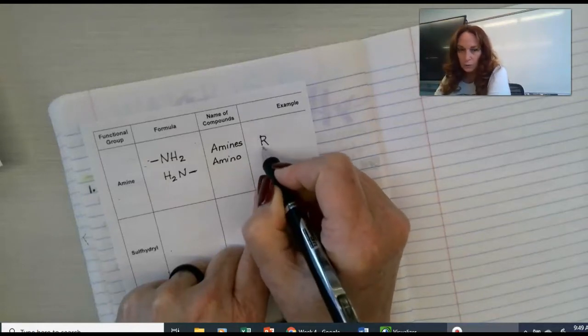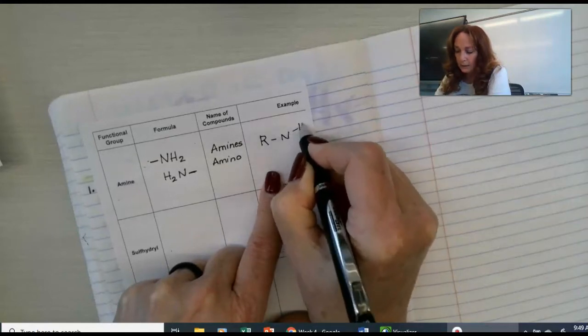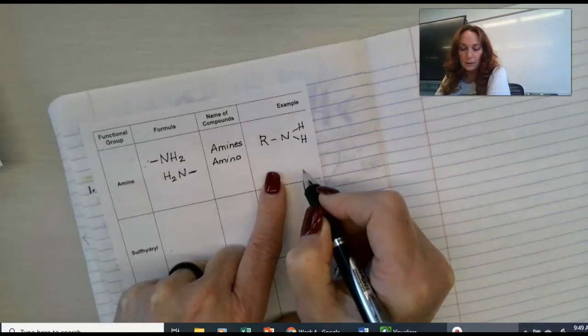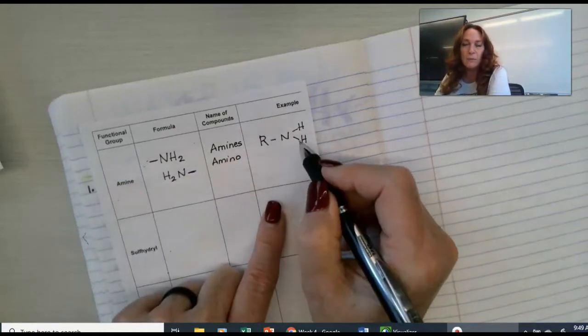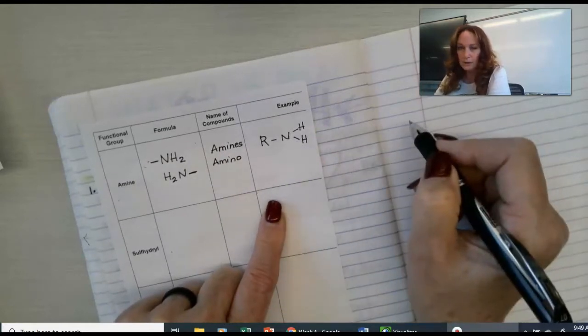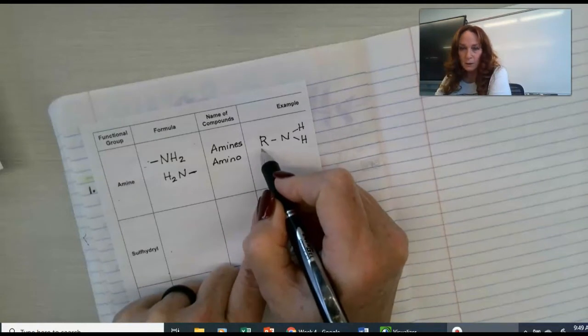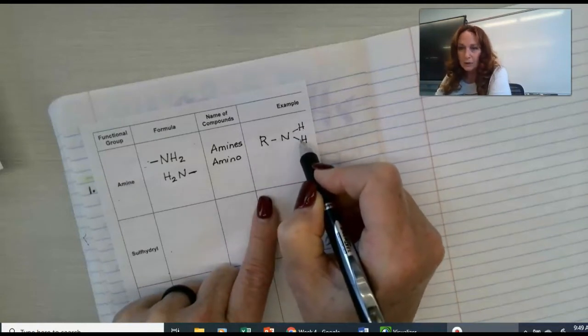Any molecule, when it has an NH2 attached to it, this amine group is going to have the behavior that we're going to write over here in just a second. So the example would be, this is the rest of the molecule, and you're looking for an NH2 attached.